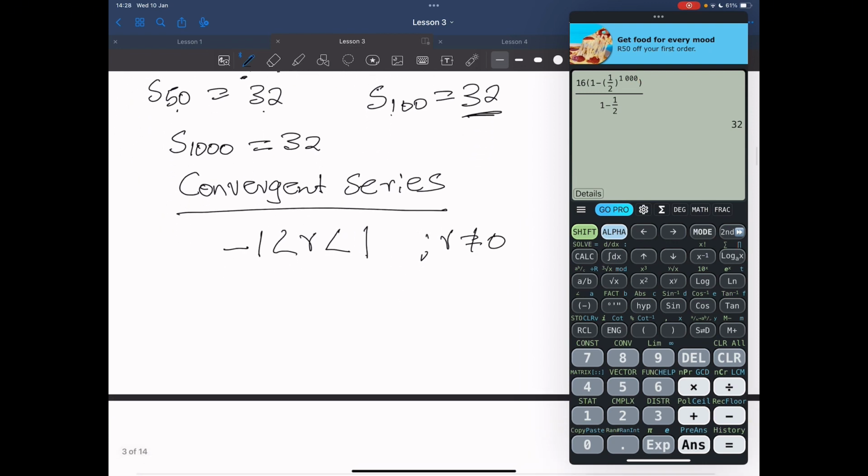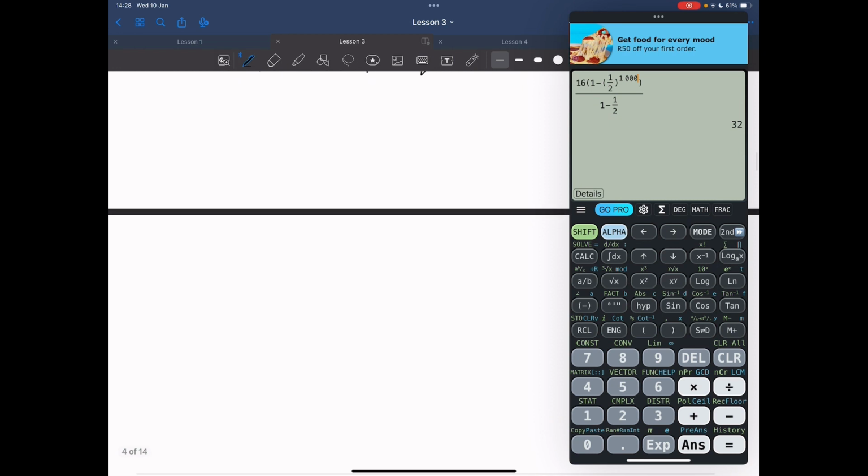So for example, if we have a series, let's say it's 3x minus 5, and then (3x minus 5) squared, and then (3x minus 5) to the power 3, plus plus.